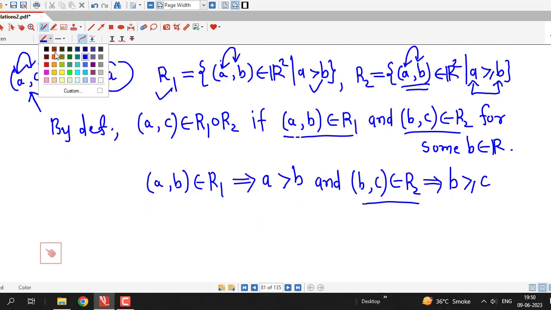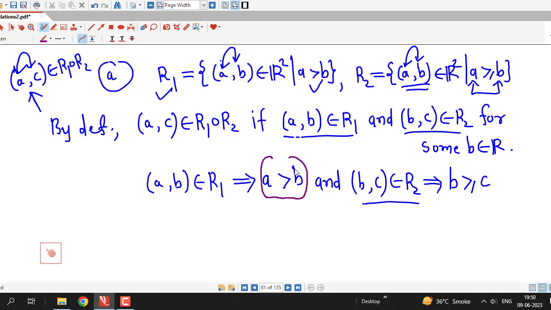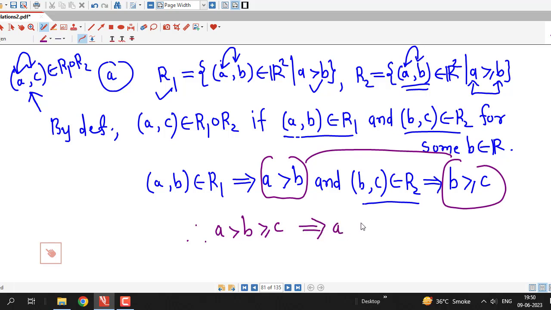Now we require a condition on this A and C. So here we can see A is greater than B and B is greater than or equal to C. We can combine these two and write that A is greater than B, B is greater than or equal to C, and from this I can write that A is strictly greater than C. Therefore, I obtain the condition on this ordered pair (A, C) to be an element of R1 composite R2.